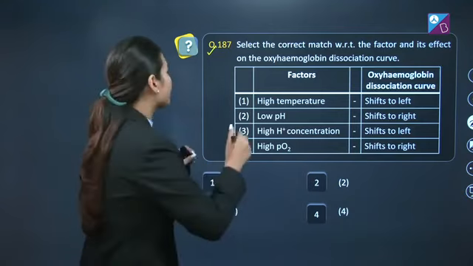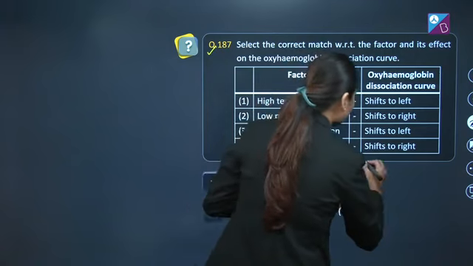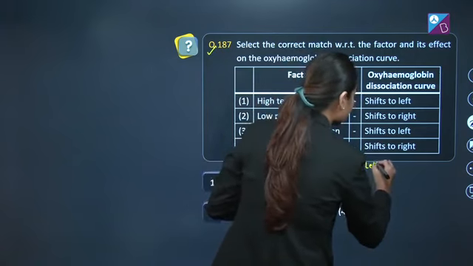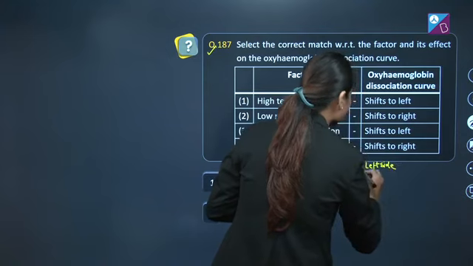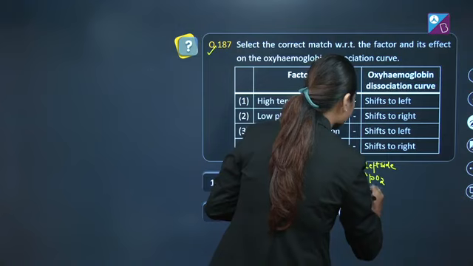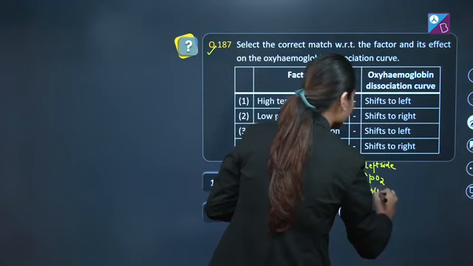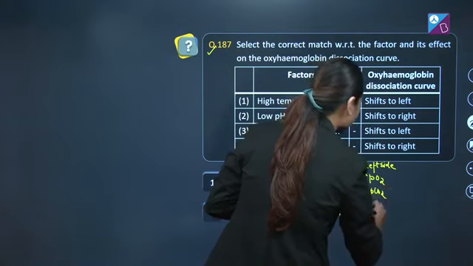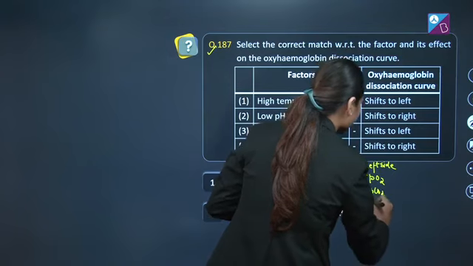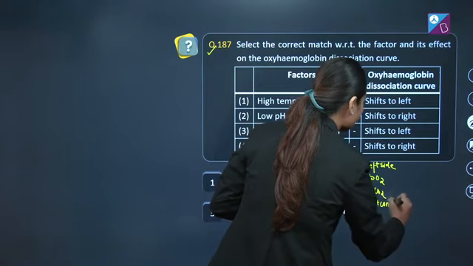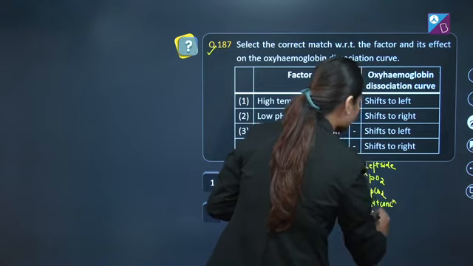So shifting to the left side is due to factors like increase in PO2, decrease in PCO2, decrease in H plus concentration, and decrease in temperature.